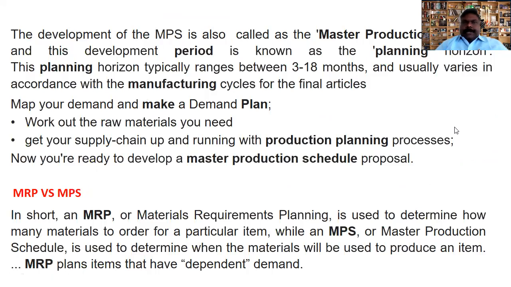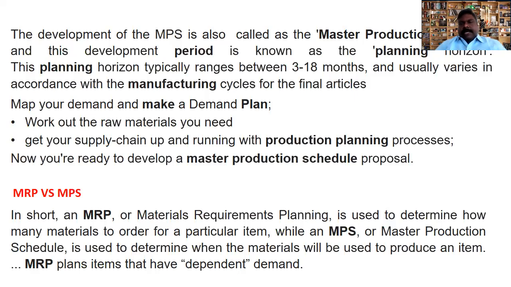The development of MPS is also called the master production program. This development period is known as the planning horizon. Horizon, you would have seen, is nothing but a time horizon. So the planning horizon, the development time period, typically ranges from 3 to 18 months.